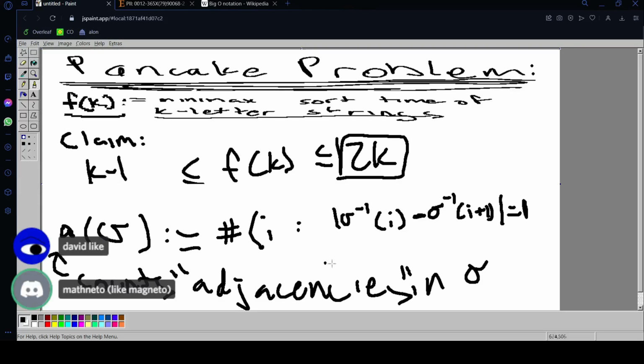So either sigma equals some prefix, then I plus 1, then a suffix, or it looks like equal to prefix, then I plus 1, I, and then the suffix.